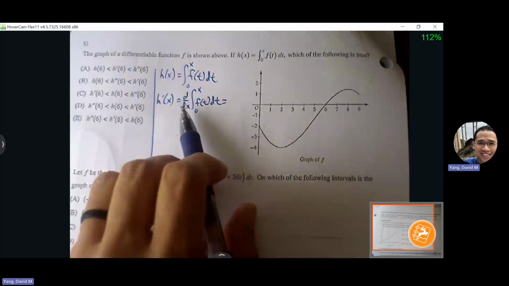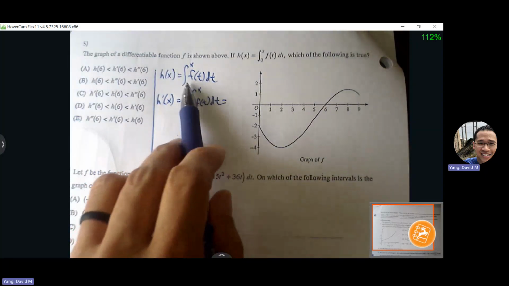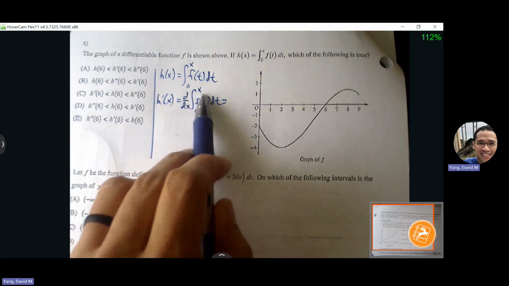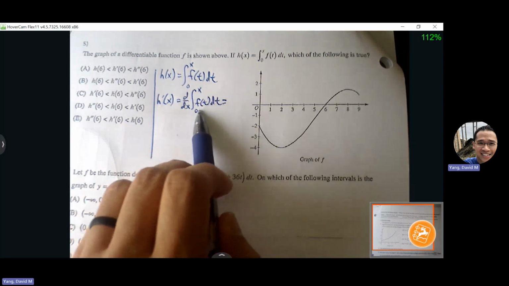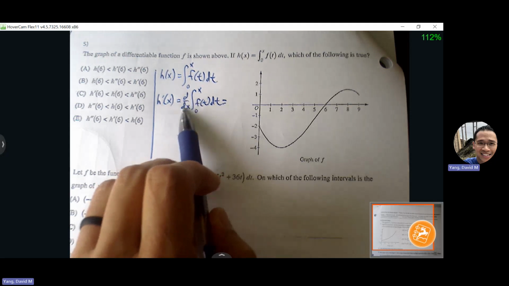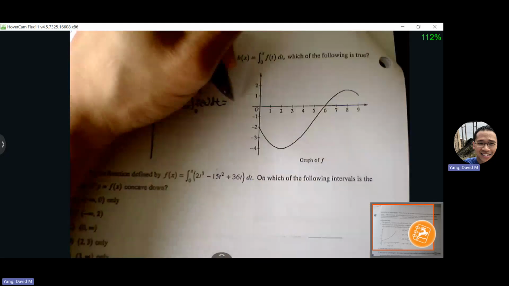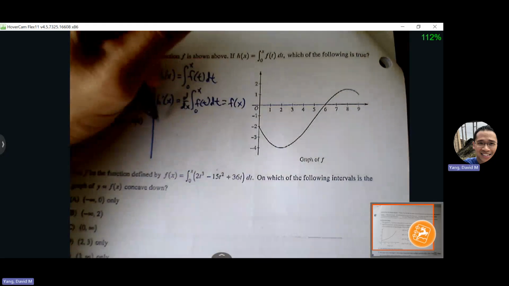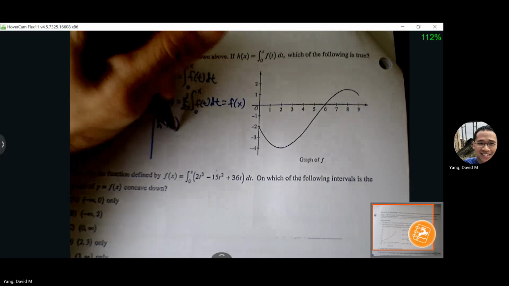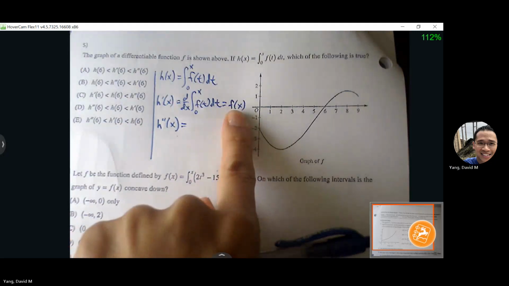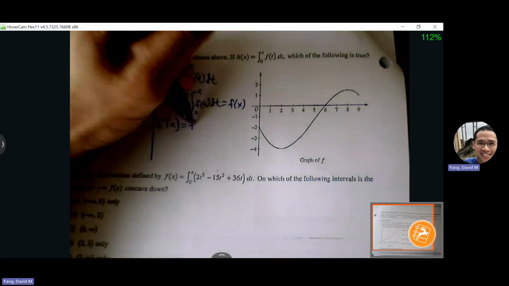We know h prime is just the derivative of this expression. And what's going to happen here? This is going to turn into what? Yeah, we know derivative and integral cancel each other out. Those become f of x. So therefore, h double prime will just be what? F prime, yeah.